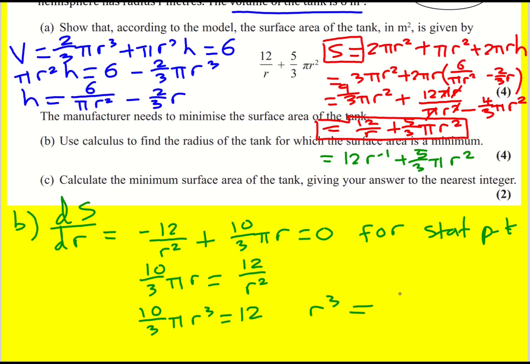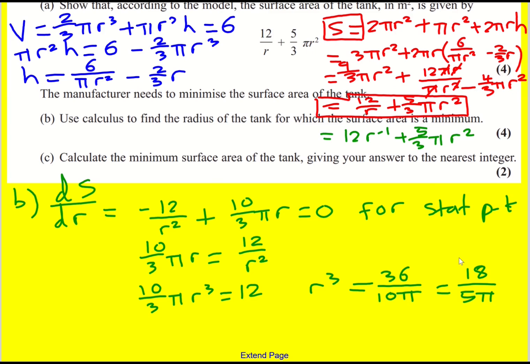So r cubed will be 36 over 10 pi, which simplifies to 18 over 5 pi. Not that that really matters. And therefore r is going to be the cube root of all of that.